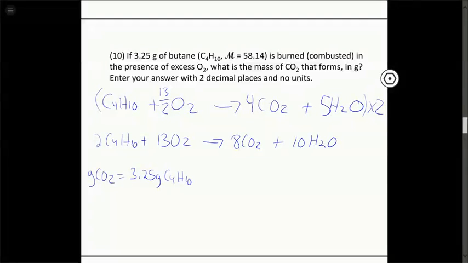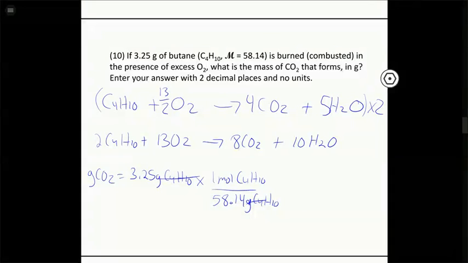When we're doing stoichiometry, the first thing we should always think about doing is converting to moles. The molar mass of C4H10 is given to us as 58.14. So if we divide by that number, that converts grams into moles. Now that we have moles of C4H10, we're looking for the amount of CO2 that forms, which is one of our products. Here's where we use mole ratios that come from the balanced coefficients.